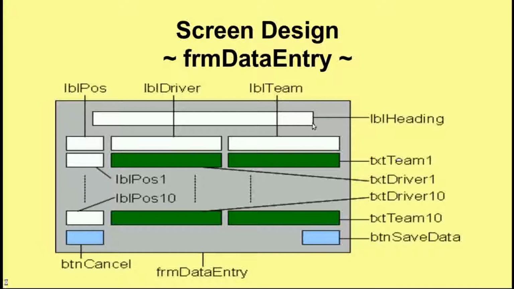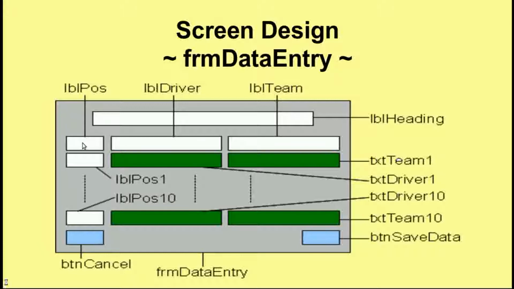So we're going to start at the top here with a label heading, LBL heading, and that helps the user decide what this form is going to be used for. Then across the top of each column we're going to have a label telling the user what it is that they're going to enter. So there's going to be an LBL driver that will say something like driver name, and an LBL team that will say something like team name.